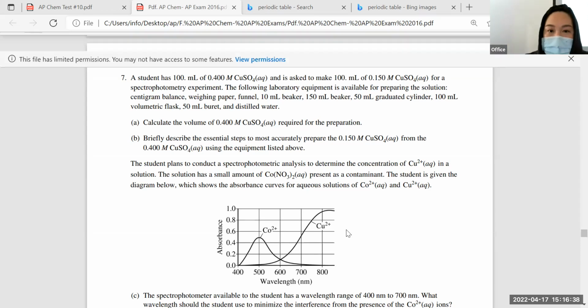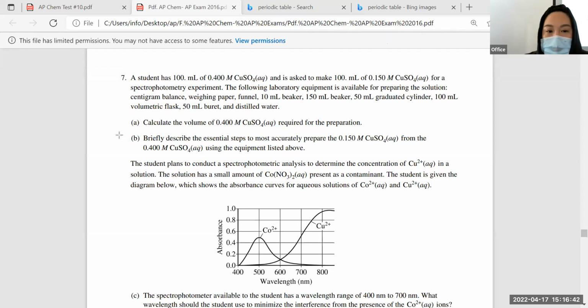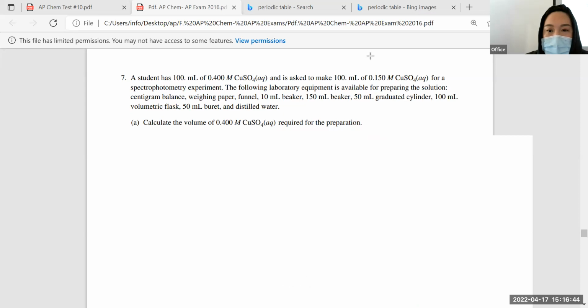This is just M1V1, right? I need to find V1, right? So what do I have?